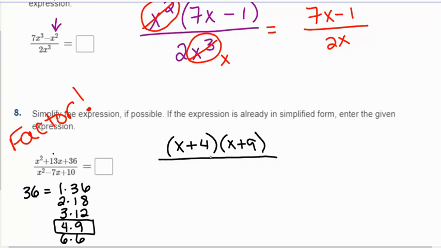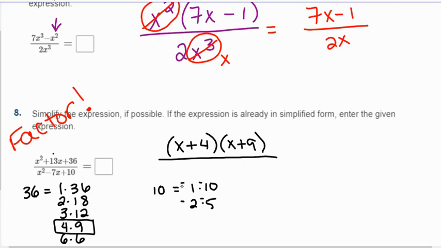Okay, now let's factor the denominator. So in the denominator, we're looking for numbers that multiply to 10. That's the last number there, right? So 10 could equal 1 times 10 or 2 times 5. And then in this list, I want numbers that will add to make -7. Since this needs to be a negative, both of these numbers need to be negative so that when I multiply negative times negative, we get positive.